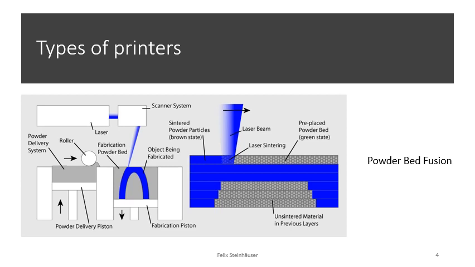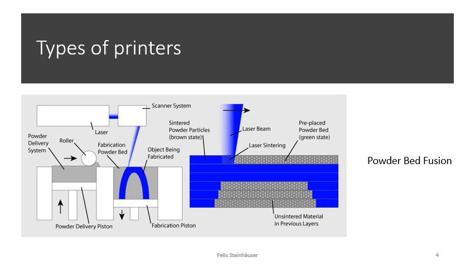Now I'm going to go over the process step by step. First of all, a layer of material is distributed by the roller over the fabrication powder bed. Then the laser or the electron beam fuses the first layer and forms, via the scanner system, the first cross-section of the model.